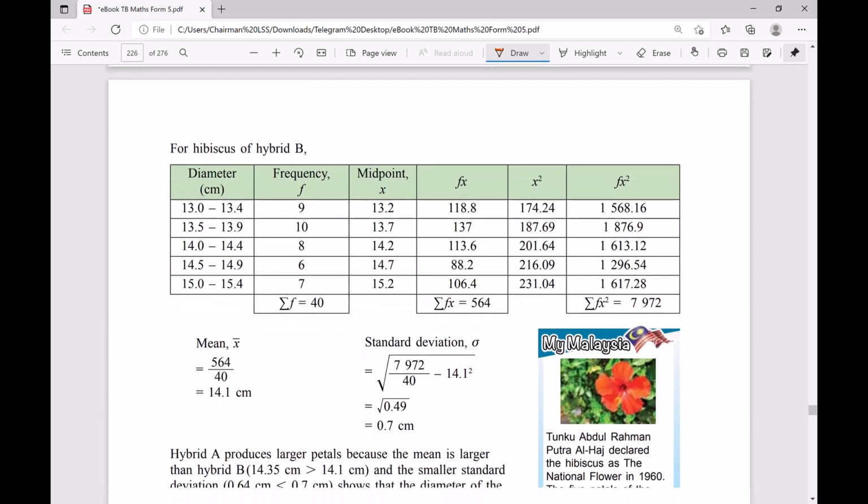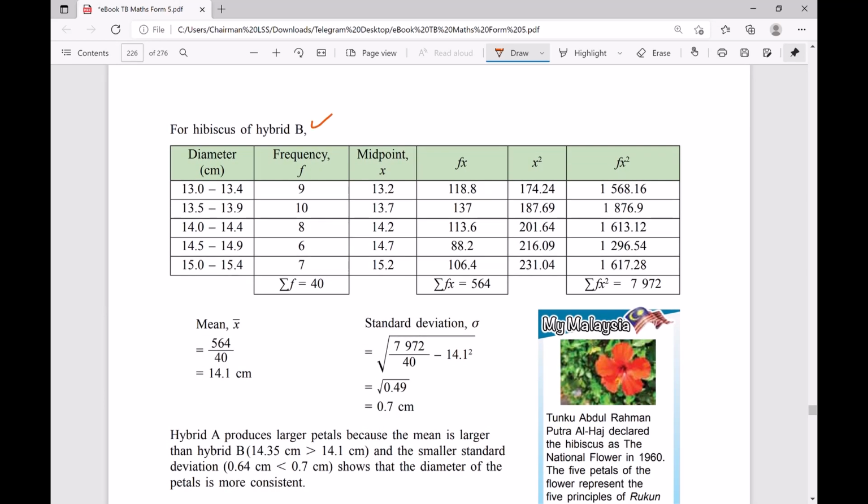So let's look at hybrid B. The same thing you do. You find the midpoint and then times with f for fx, and then find the x square and then times with f. Then you find your mean first. The mean is the total fx, that is 564, divided by the total of f, that is 40, so you get 14.1.